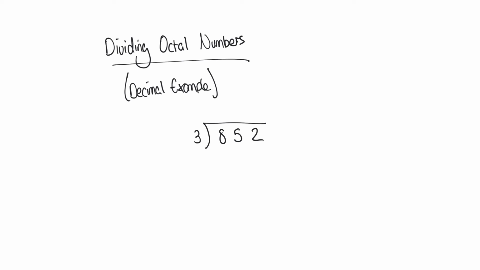So the method that we use to do this is to start from left to right and divide our digits within the number by the divisor 3. And so we're starting with 8 divided by 3 and so on.